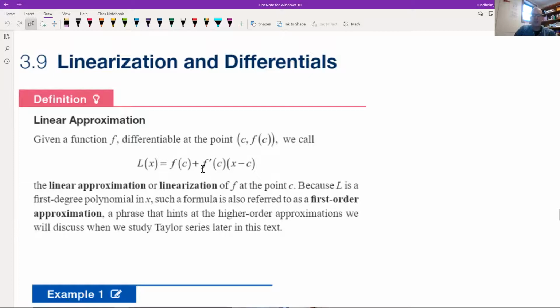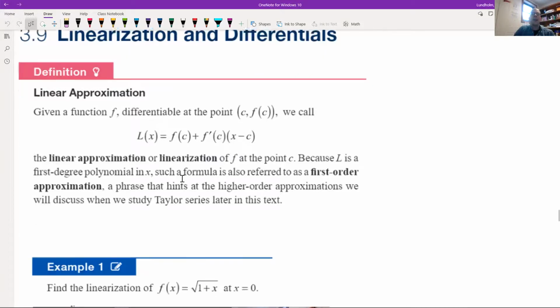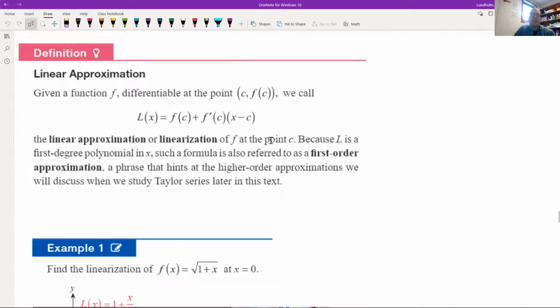You multiply the derivative times the quantity x minus c, and you add the y value, which is f of c. So yeah, tangent line, cool. It can also be referred to as a first order approximation because a line is a first order polynomial. There will be higher order approximations later on. Towards the end of Calculus 2, we will look at Taylor series, which is really cool.